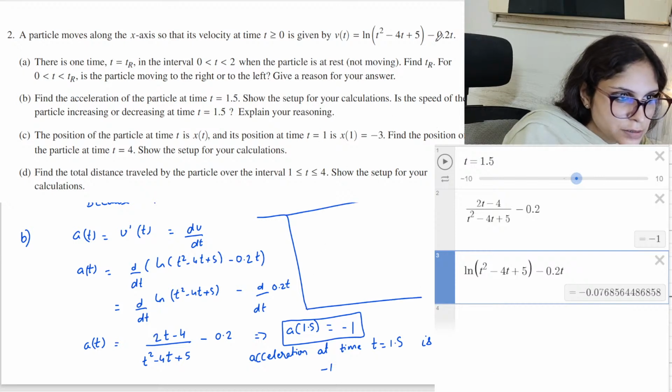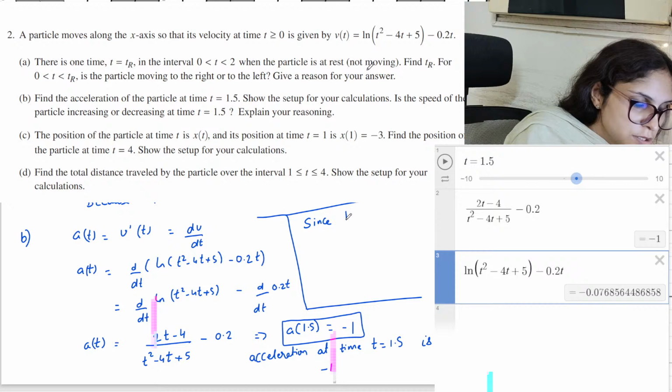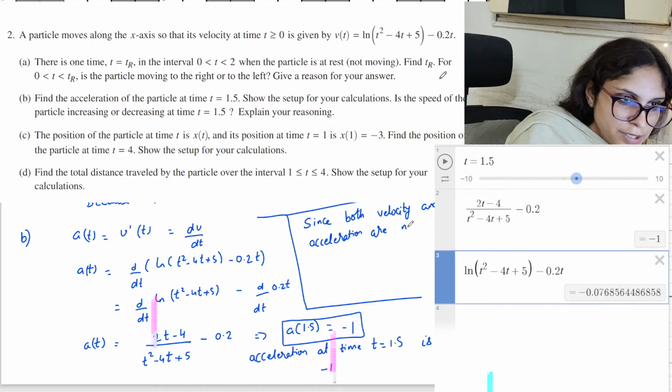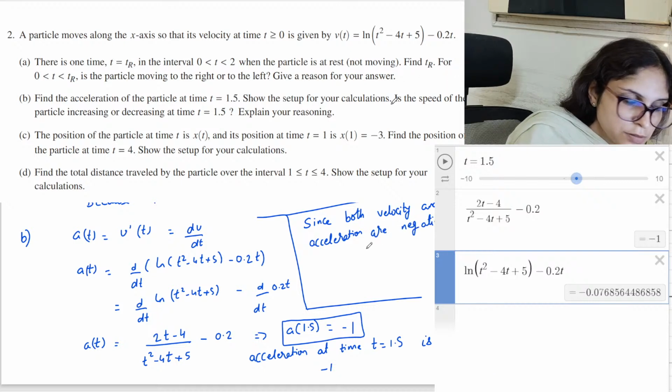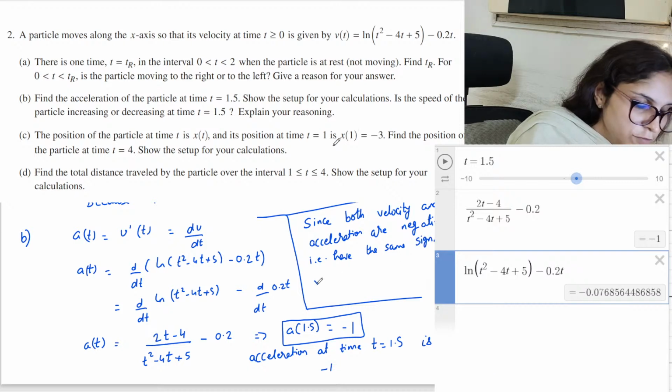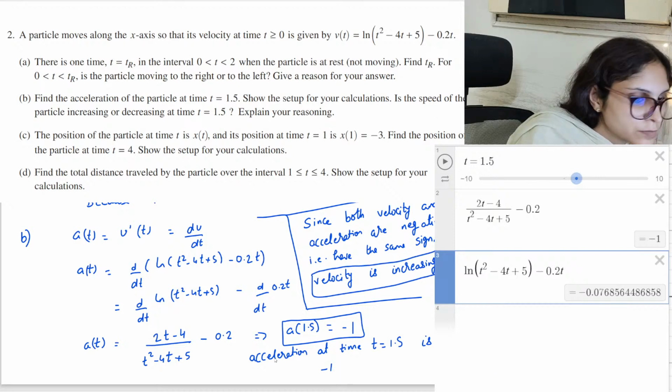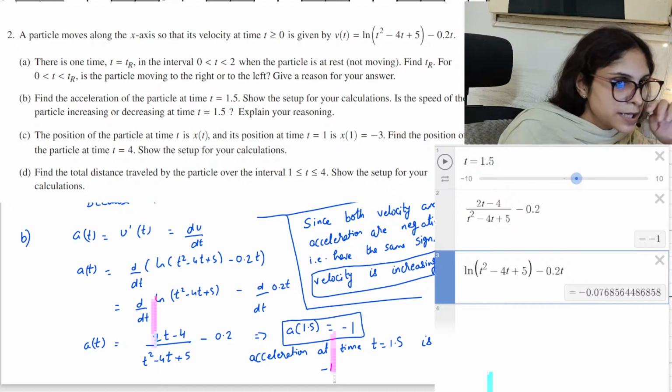So over here I am writing, since both velocity and acceleration are negative, that is, have the same signs, speed is increasing. So that's our second question entirely.